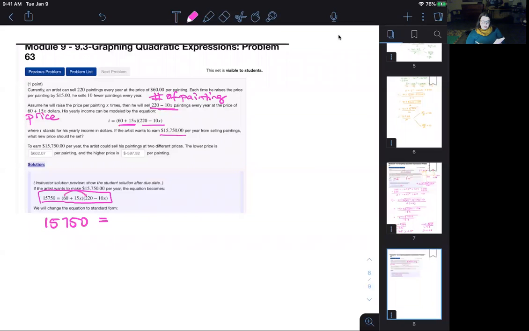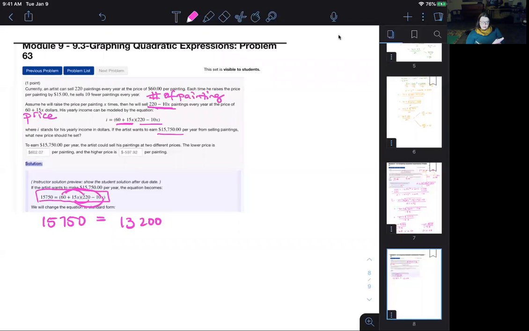So equals, I'm going to FOIL here. So we have 60 times 220 is 13,200, and there's no x's attached to that.